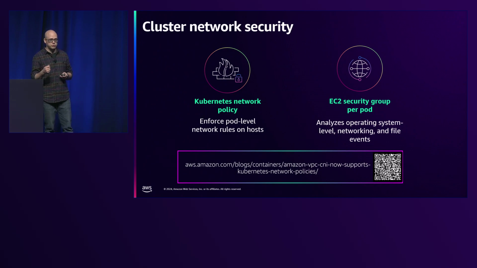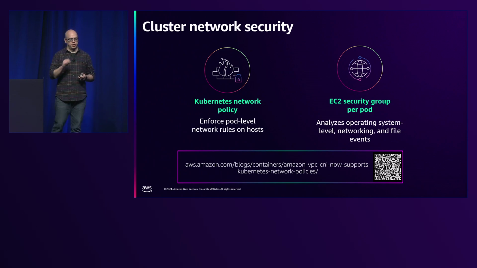You get very granular control at the pod label level, and L7, so what host name or what TCP port. That is enforced on the host. So it's using eBPF in the EKS VPC CNI. If you're using a different CNI plugin with a different enforcement layer, that might be using a different technology, but that's enforced on the host.